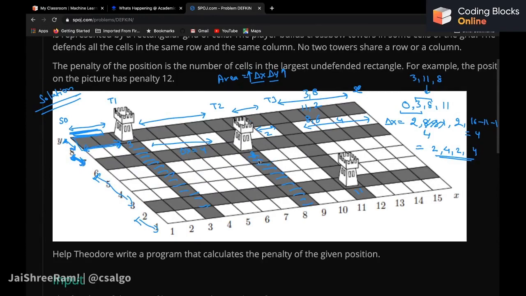These delta y's are also formed due to the difference in the y coordinates of two consecutive towers, so we can compute them. We know the coordinates are 8, 2 and 6. Let's sort these coordinates. So this becomes 2, 6 and 8.